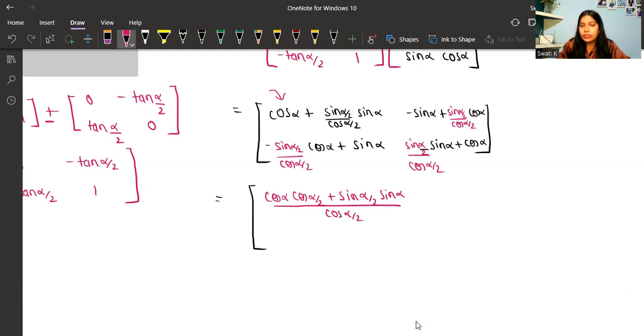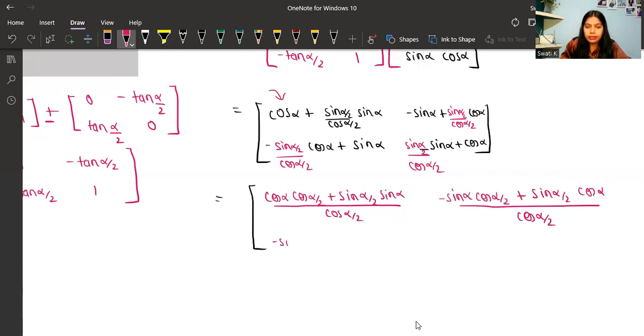Next is going to be, if you simplify this, minus sin alpha cos alpha by 2 plus sin alpha by 2 cos alpha, upon cos alpha by 2. Now the next entry is going to be minus sin alpha by 2 cos alpha plus sin alpha times cos alpha by 2.